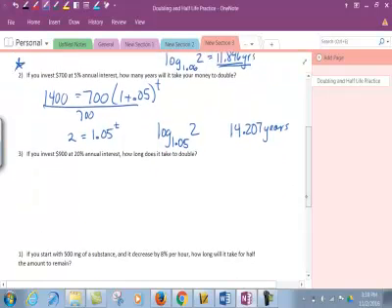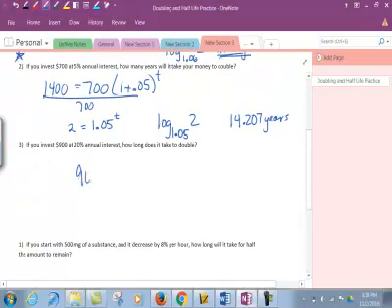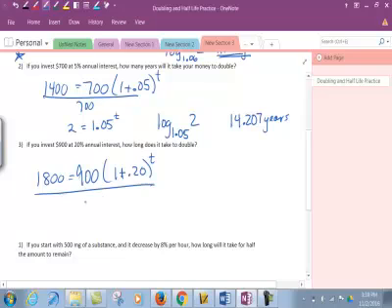Last one we'll do. This time $900 is invested at 20%, so we're going to add 0.20 to 1. Set that equal to double the amount, and probably you're getting the idea that you really don't need the 900 and the 1800, that as long as the ratio is 1 to 2 here, then you can simply go right to 2 equals 1.2 to the t.